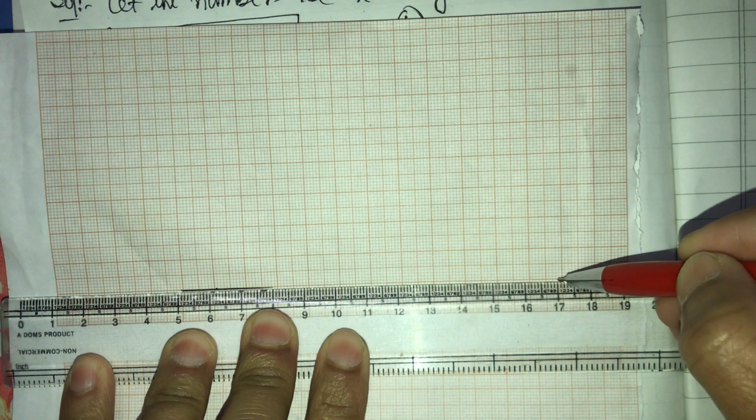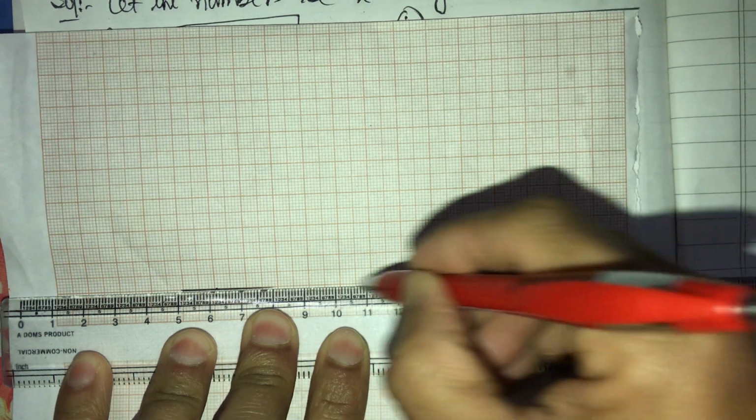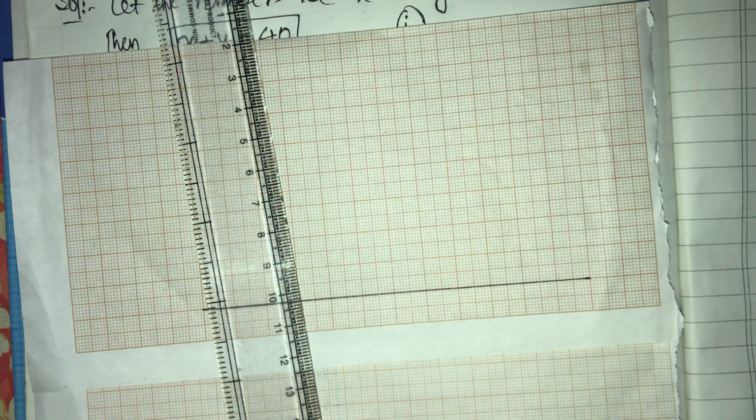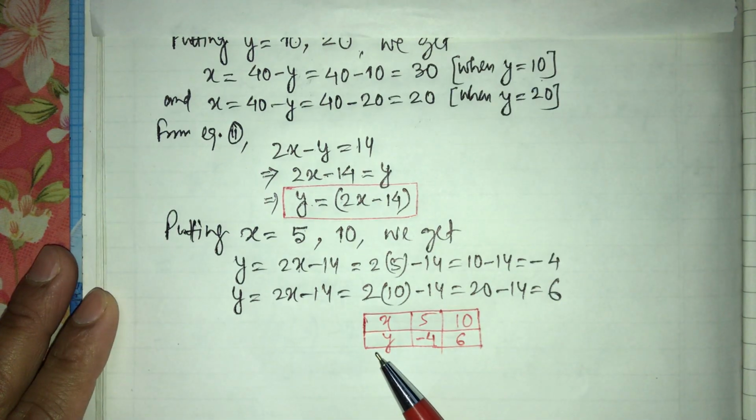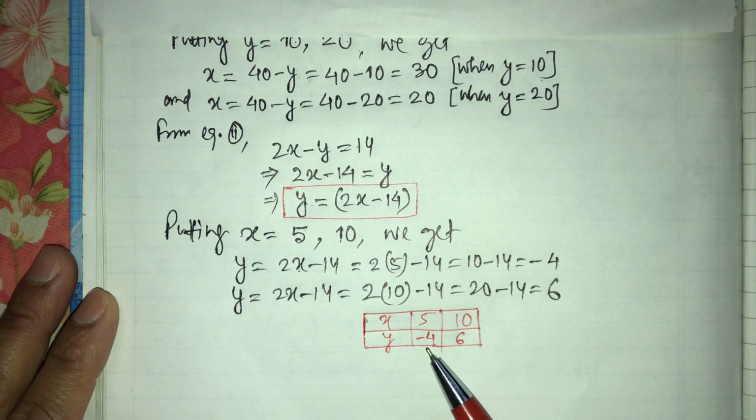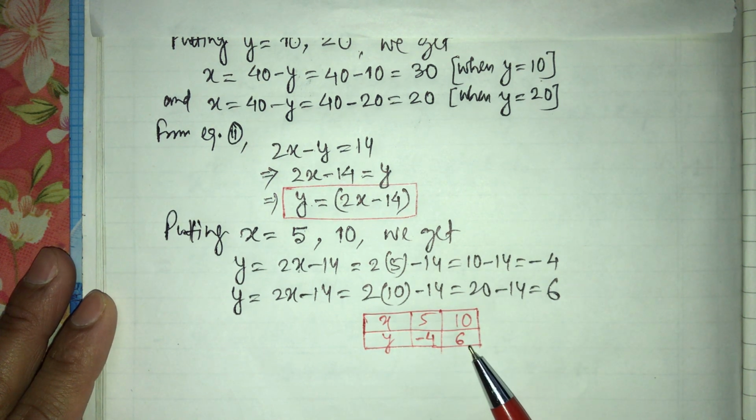So this is the x-axis. We had y as minus 4 and 6.